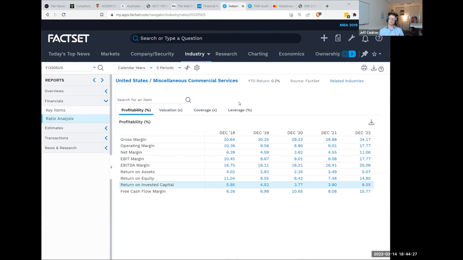And again, I'll step back and think, what are we trying to achieve in terms of the big picture here? What we're trying to achieve with our ratio or our performance analysis is getting a sense of how well our business has performed given the industry conditions and given its competitive strategy.